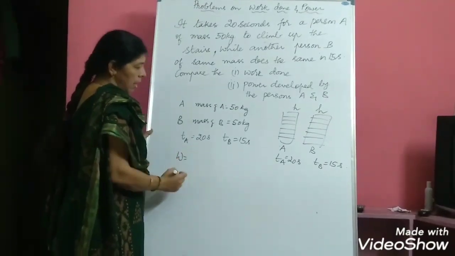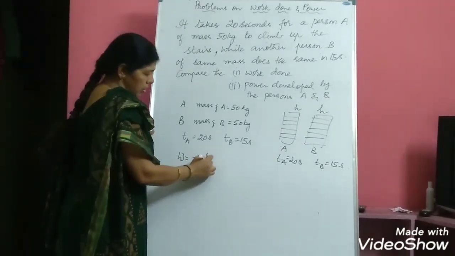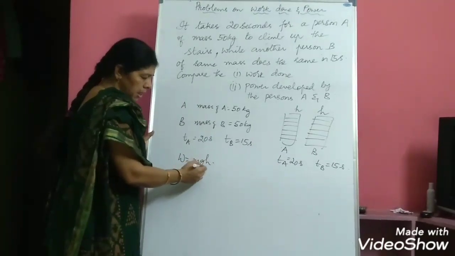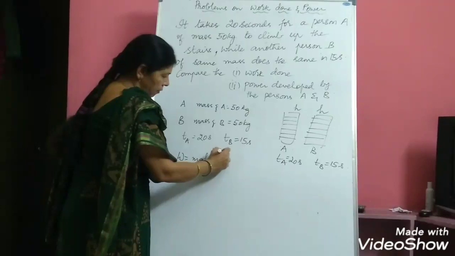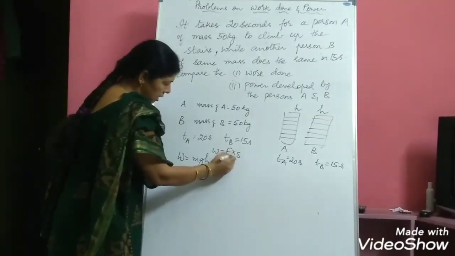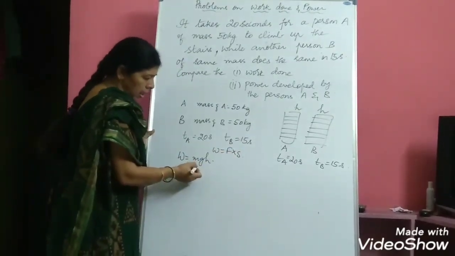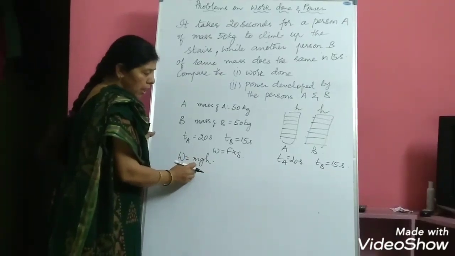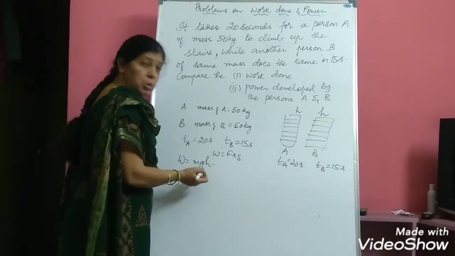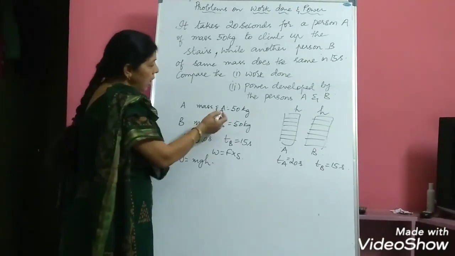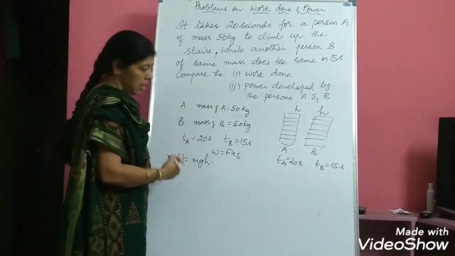Work done is given as mgh. mg is F and h means S. Work done is F into S. But here F is nothing but force due to gravity. There will be force due to gravity acting on both A and B, and that force will be the same because both have the same mass.